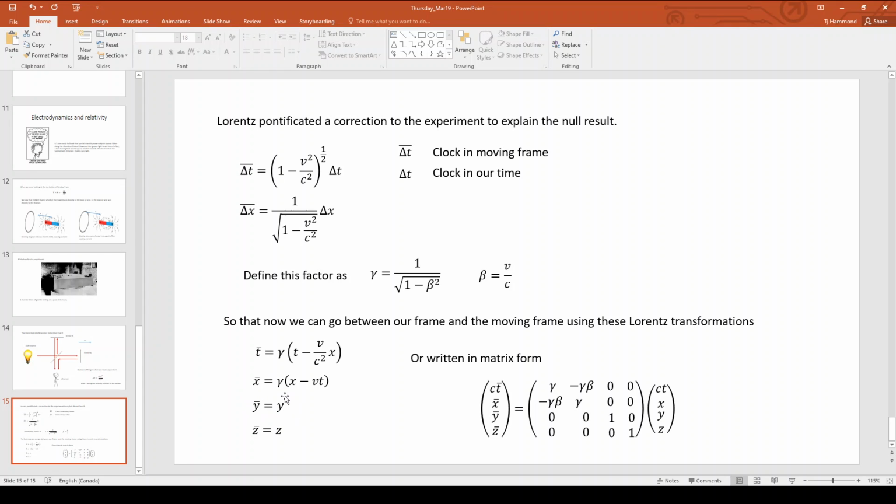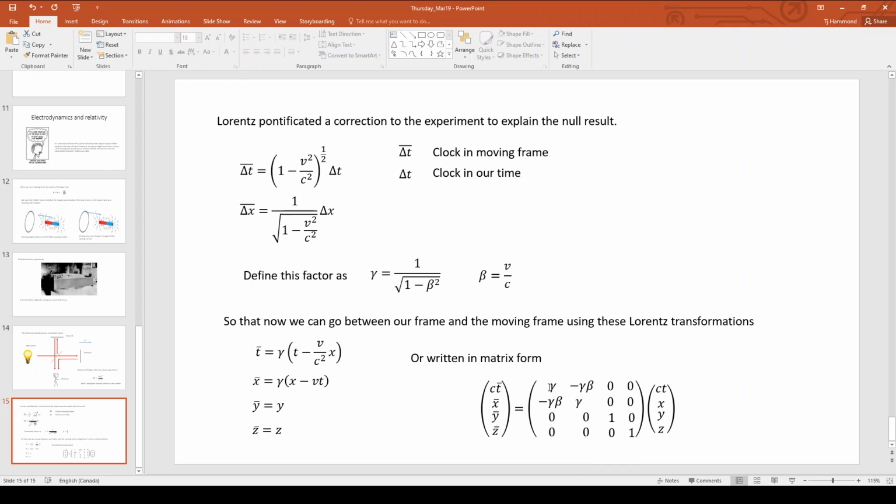And the orthogonal directions are actually the exact same as they were before. So using this notation, we can actually go from our frame, this time and x, y, z, to this moving frame in this t bar, x bar, y bar, z bar, through this transformation matrix.